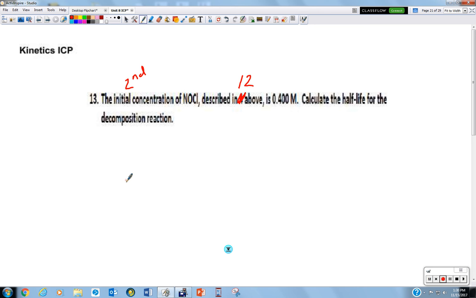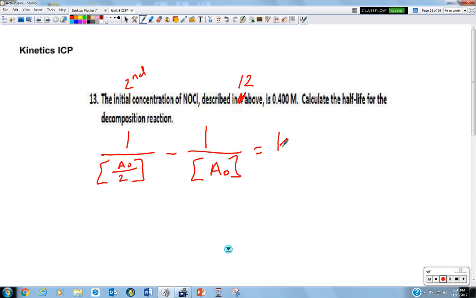Oh, so second order half-life is basically going to be 1 over A naught over 2 minus 1 over A naught equals K T 1/2. All right, and you just solve for T 1/2.